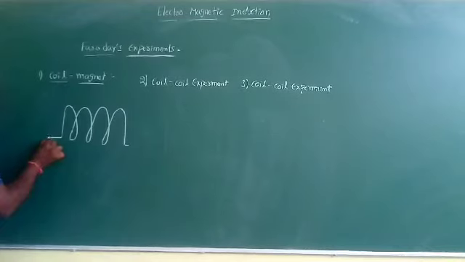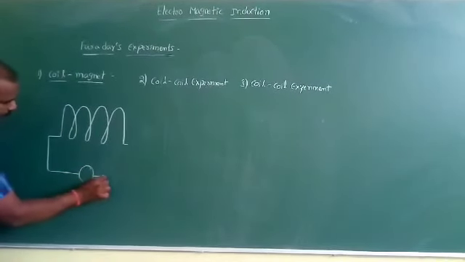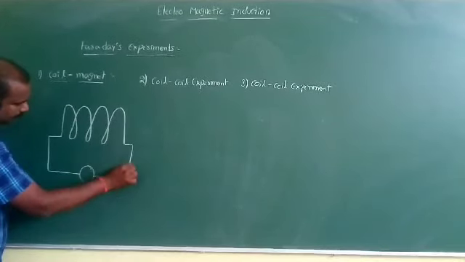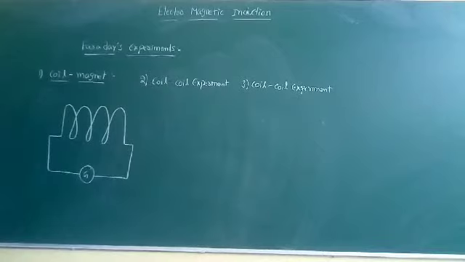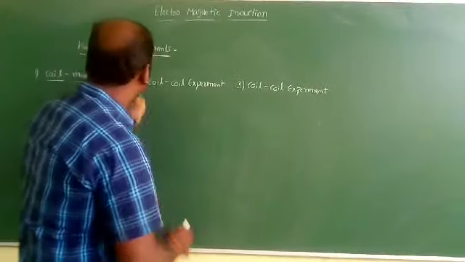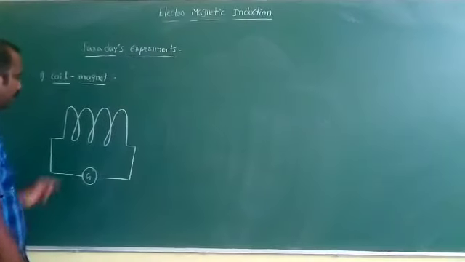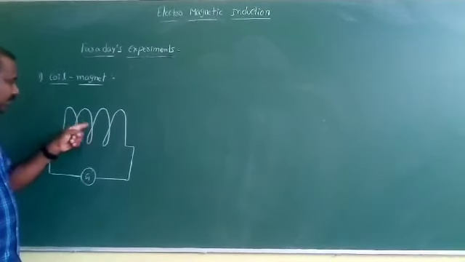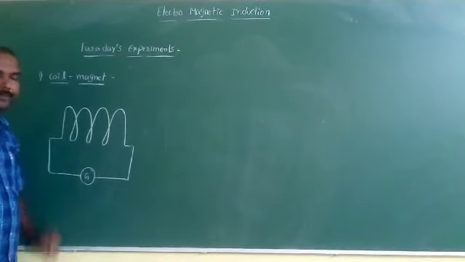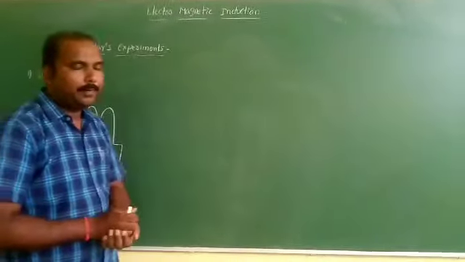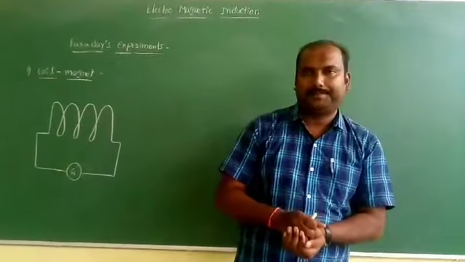This coil is connected to a galvanometer. Now, this coil is insulated from each other and these two ends are connected to the galvanometer. You already know, galvanometer is to detect the current.